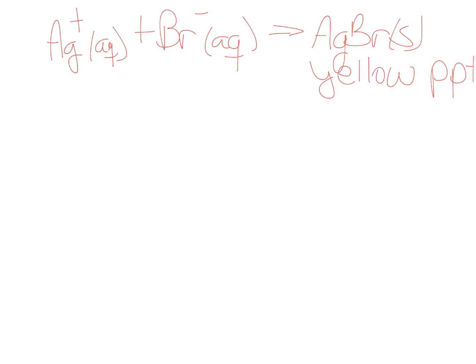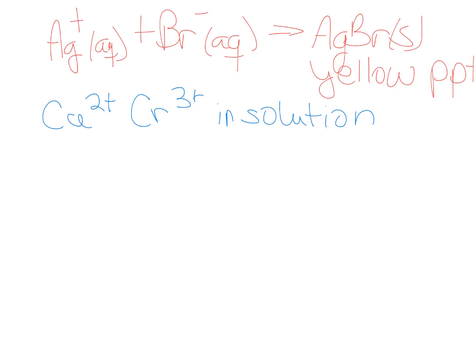Now, let's think about what stayed in solution. If silver bromide precipitated out, that means we're still going to have calcium 2+ and chromium 3+ in solution. And our next material that we're going to add is potassium sulfate.